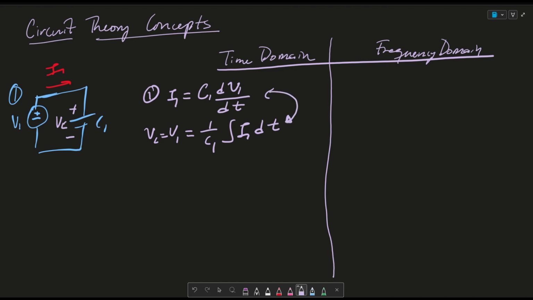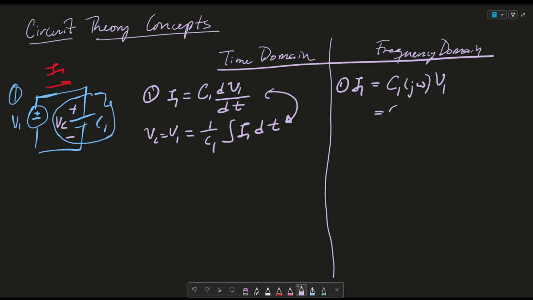In the frequency domain, however, we consider this to be an impedance, and we simply say that I1 is equal to C1 times j omega times V1.